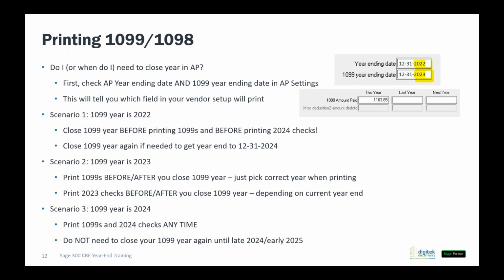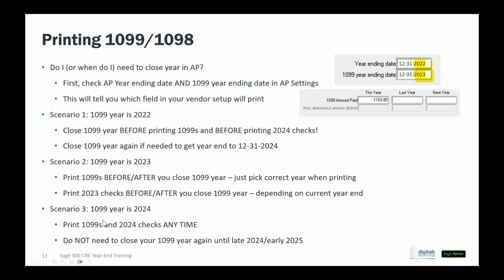Remember, it's going to give me an option: do you want to do your current year or last year? If I've already closed my year, then I'm going to say, hey, I want to print my 1099s for last year, 2023. So as long as you're sitting at 2023, I'm free to print my 1099s prior to closing my AP year or after I close my AP year. It's irrelevant. You just need to pick the right option, which bucket you want to print from when you're doing your 1099s, current year or the prior year.